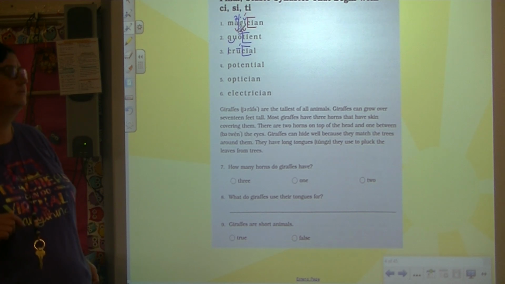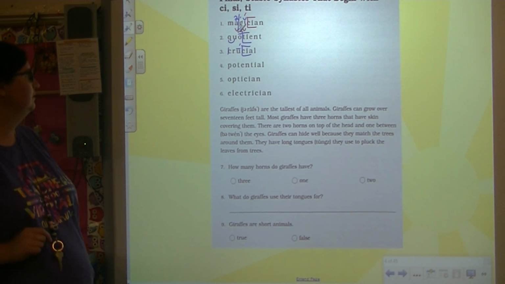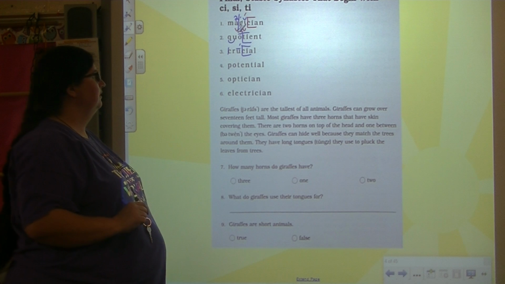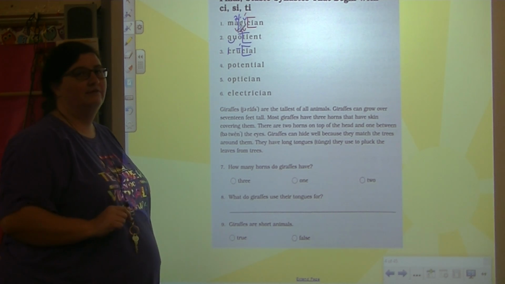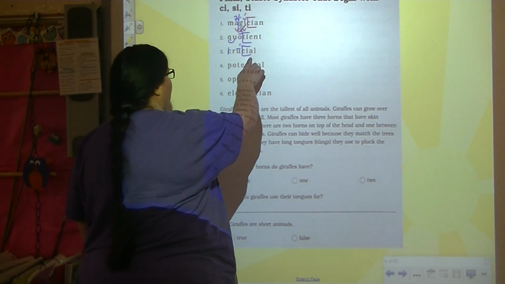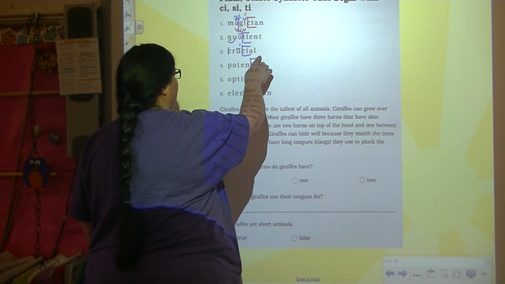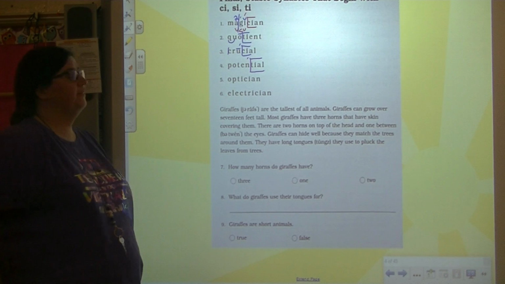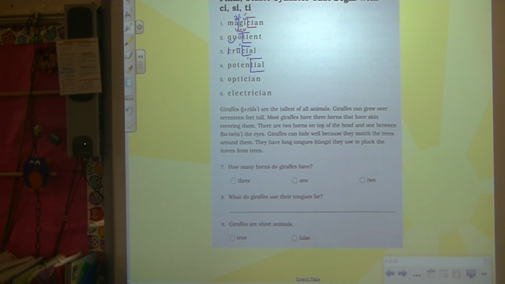Number 4. Final stable syllable what? T-I-A-L. Accent is on the first or the syllable ahead of it. Alright.